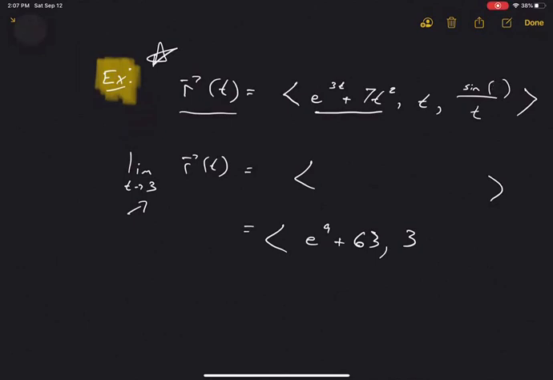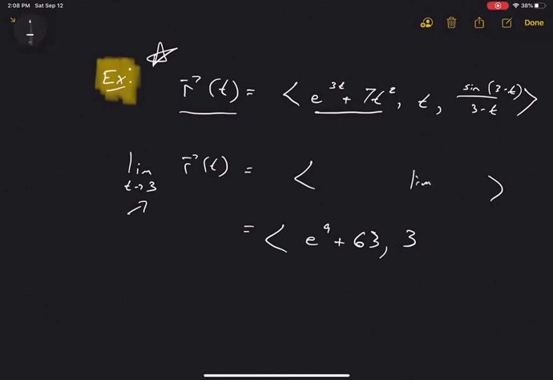I changed this when I was writing my notes. Let's make this 3 minus t. Now I consider the limit of this thing as t goes to 3. Well, there's a problem here.